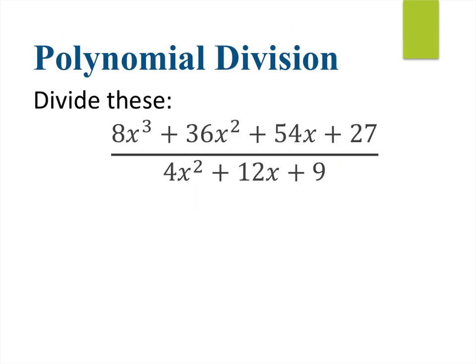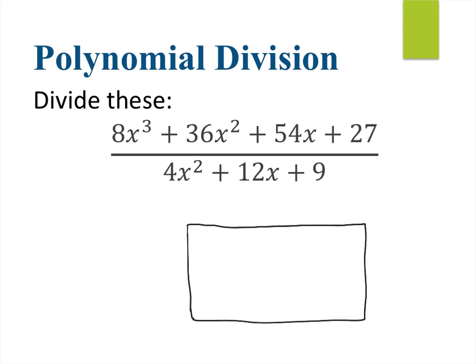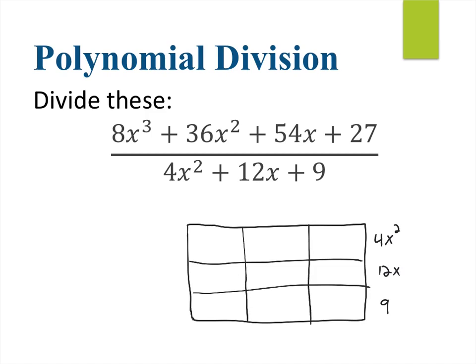We'll quickly set this up. This guy is going to make our own boxes. I know that the denominator has 3 terms, so I'm going to make a box that has 3 spaces, the 4x squared, the 12x, and the 9. And then I'm going to start going around. I think we only need 3 boxes here, but I could be wrong.